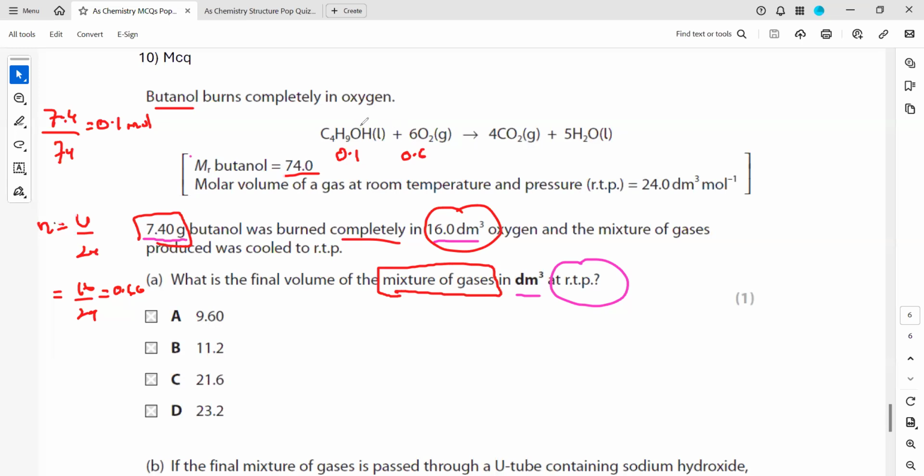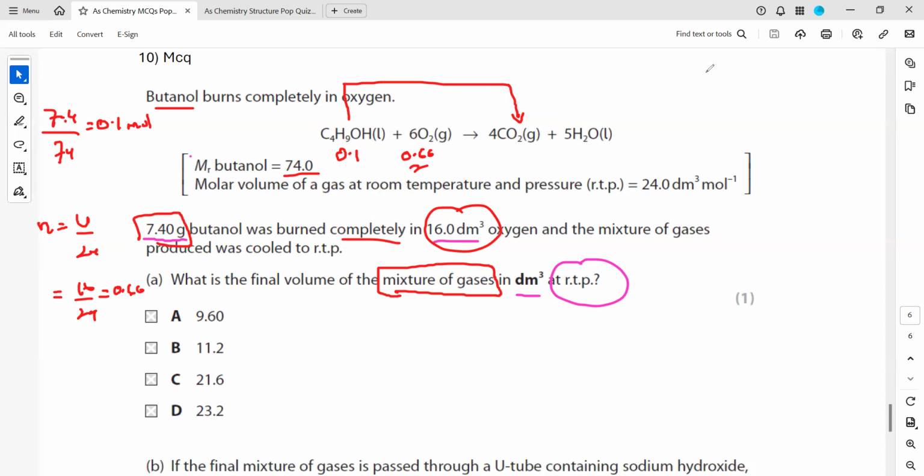If I take a ratio between butanol and oxygen, the ratio is 1:6. So it's burned completely. Only 0.06 moles of oxygen are in excess. How can we work out the product?